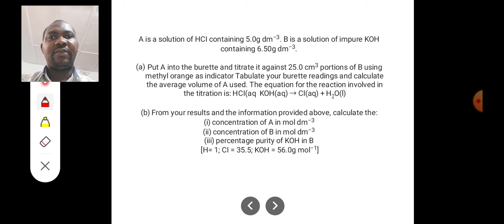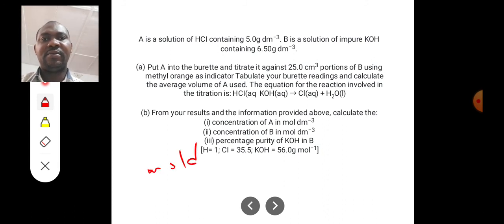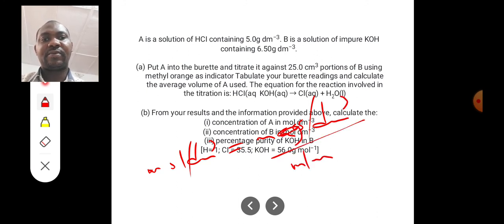Now, concentration of A is HCl. We are already given a mass concentration, so we can find the concentration of A in mole per dm cube. We use the formula that mole per dm cube is equal to mass per dm cube, or gram per dm cube, divided by molar mass. The gram per dm cube of the acid is 5.0.